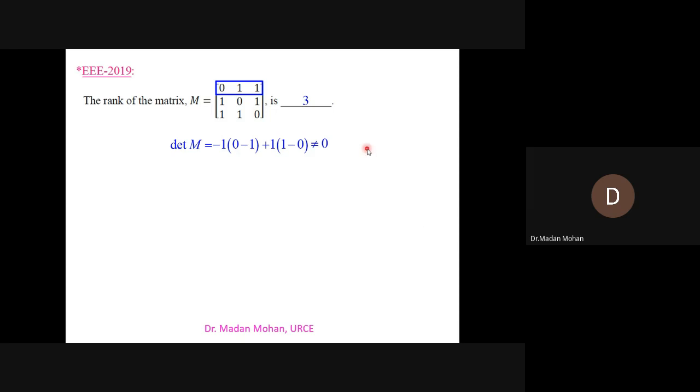Don't go to echelon form always. Using rank definition, you can easily calculate it. And suppose if it is 0, what is the rank? If it is 0, we try to identify a second order minor. If at least one second order minor is not equal to 0, rank is 2. If all second order minors are 0, rank is 1. Okay? We come from highest to lowest like this.